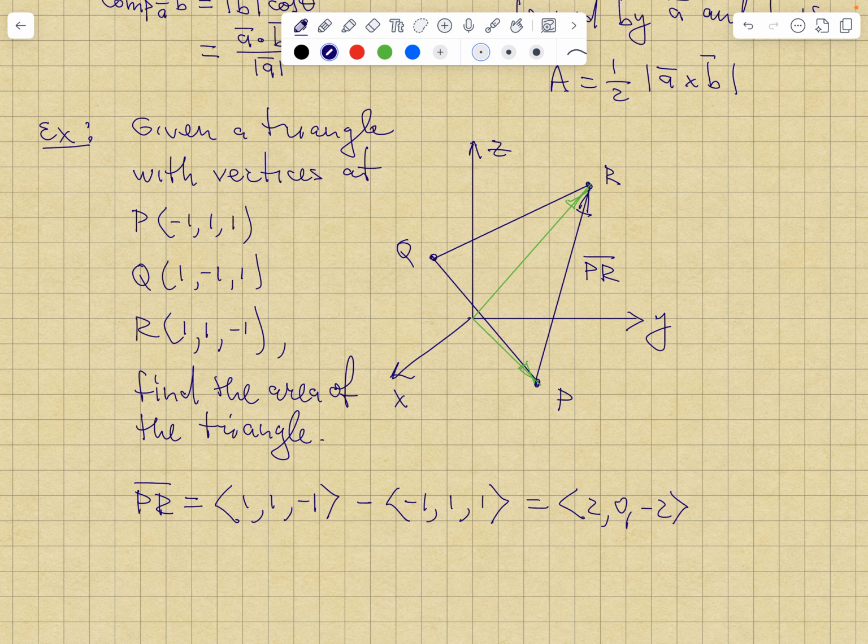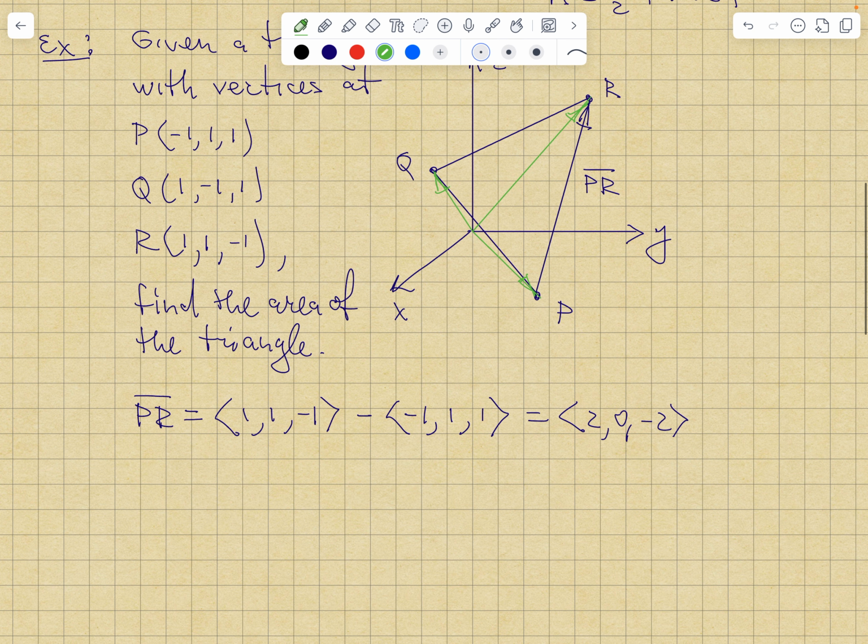In a similar vein, I can take a position vector to Q and subtract the position vector for P. That will give me a vector PQ, 1, -1, 1, minus -1, 1, 1.